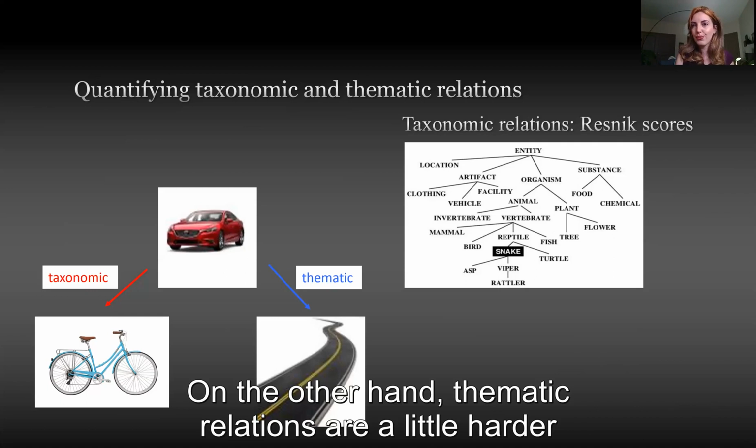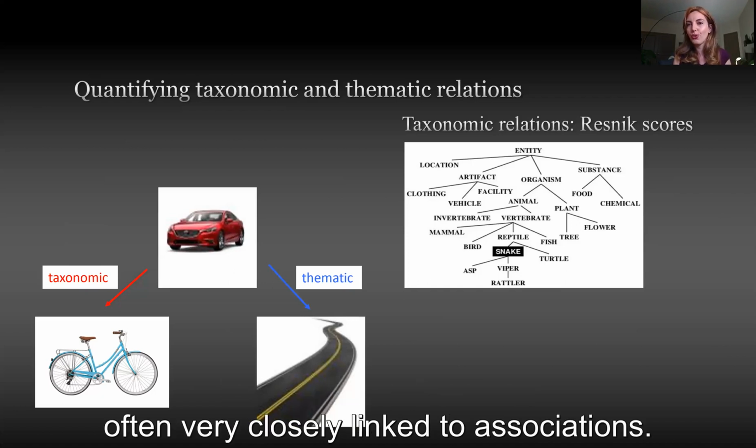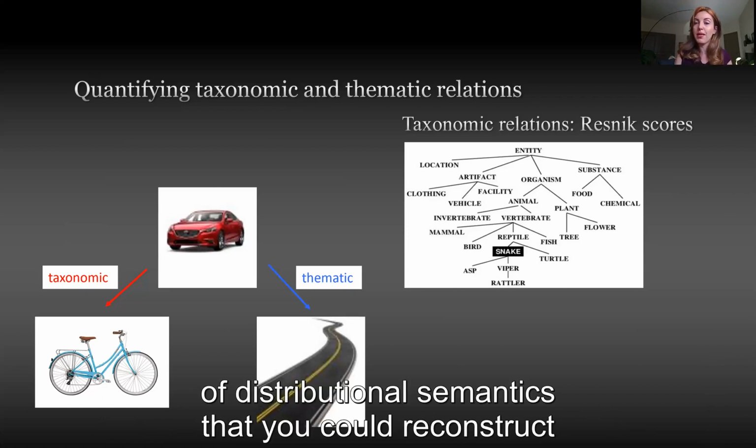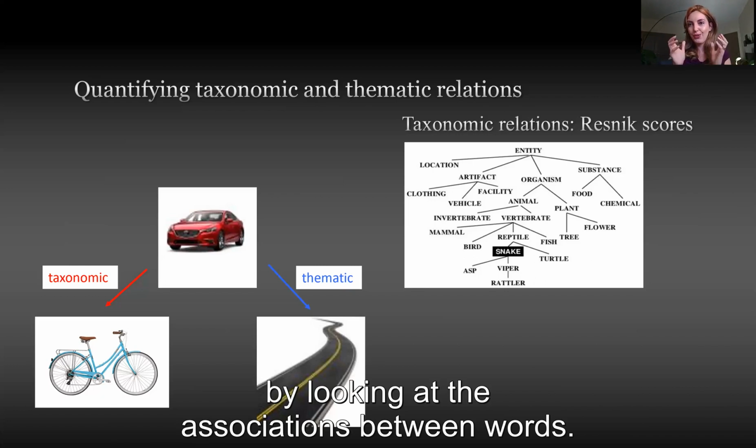On the other hand, thematic relations are a little harder to quantify, but the key point is that they are often very closely linked to associations. In fact, we now know from the field of distributional semantics that you could reconstruct the whole body of semantic knowledge by looking at the associations between words.